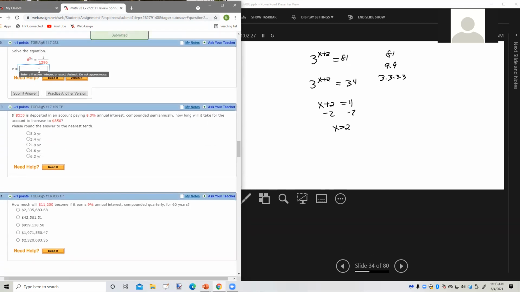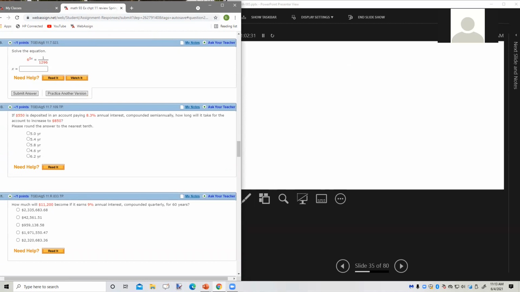Same thing with this. 6 to the 5x power equals 1 over 1296. 1296 is a power of 6. 1296 divided by 6 is 216, and that divided by 6 is 36.